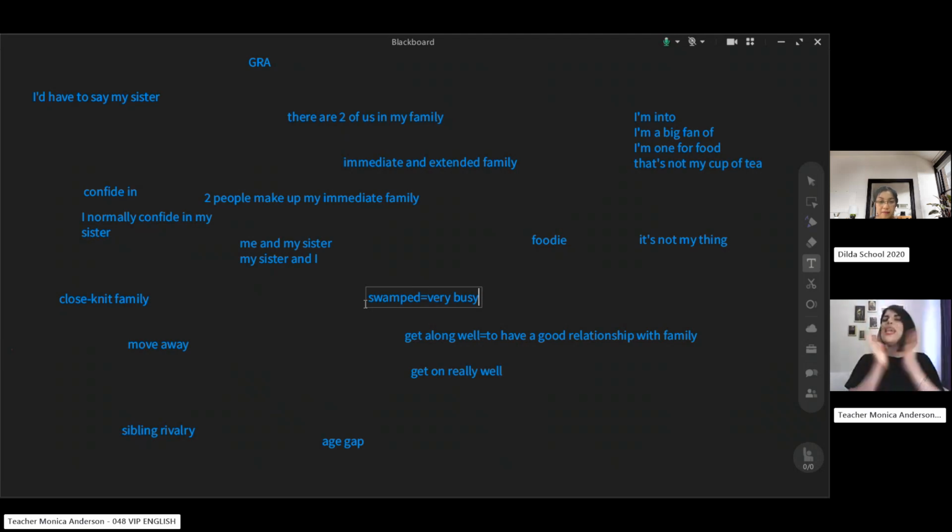But we also have some other alternatives, like idioms. For example, you can say that we both are snowed under with, for example, our work, or at work.